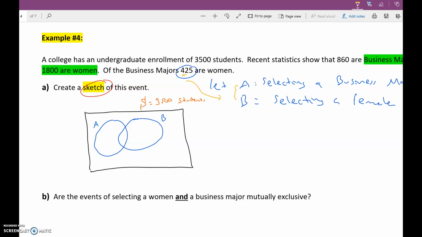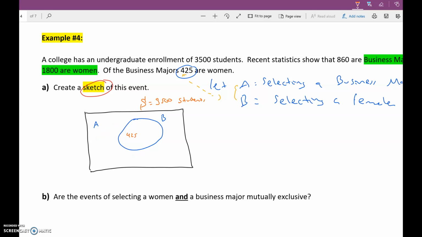So actually, let me erase this since it's technically not part of it. So you're going to have 425. Let me fix it. So the circle's not to scale, but at least I can fit the 425.